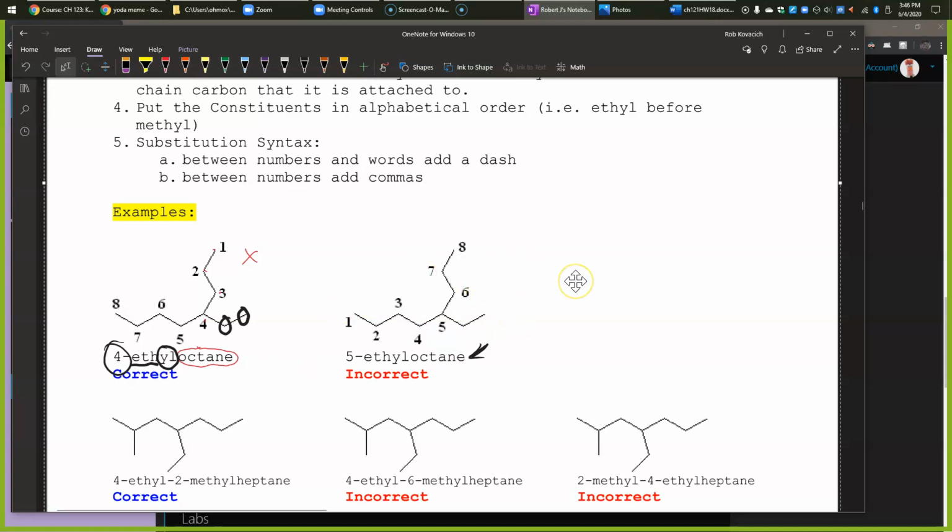What else might somebody do with this molecule that would be incorrect? Keep going, just go in a straight line.